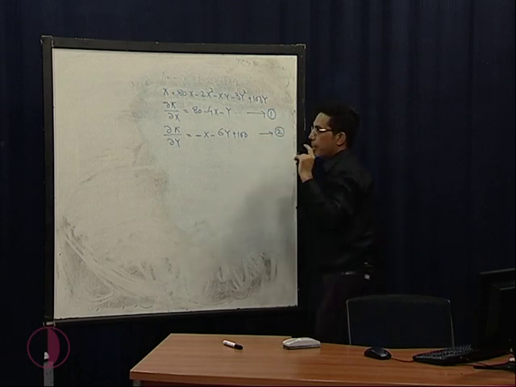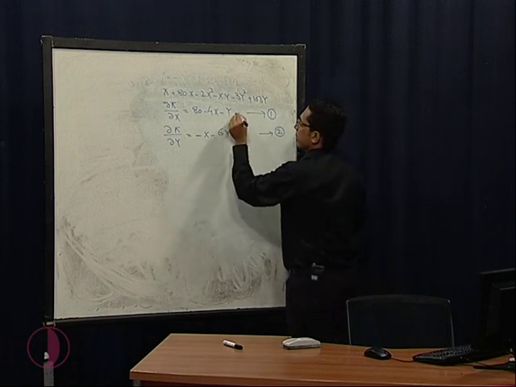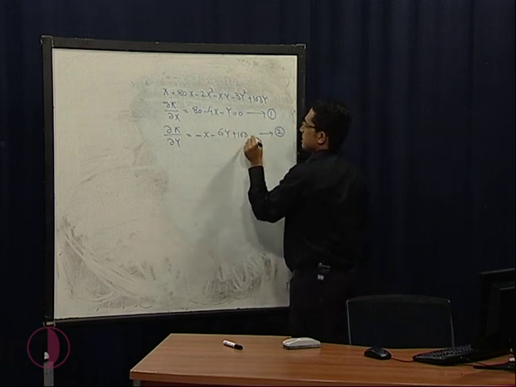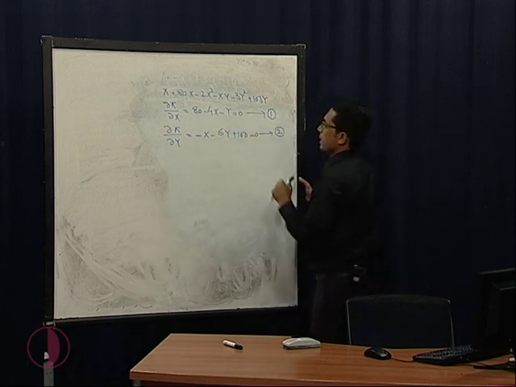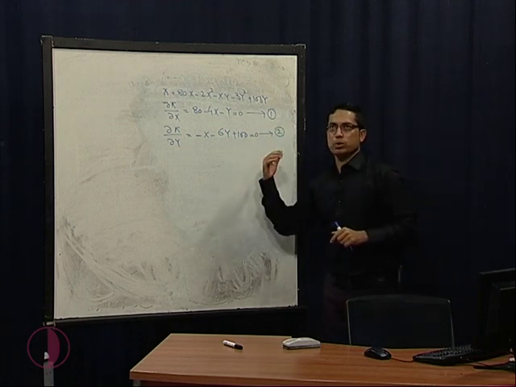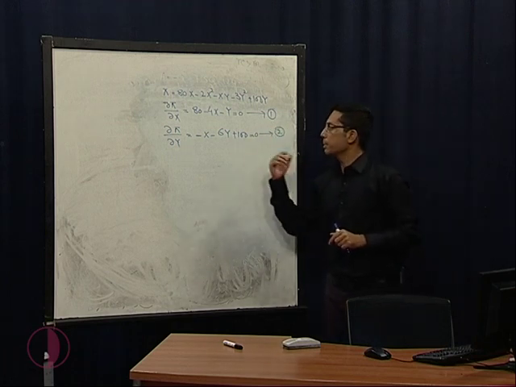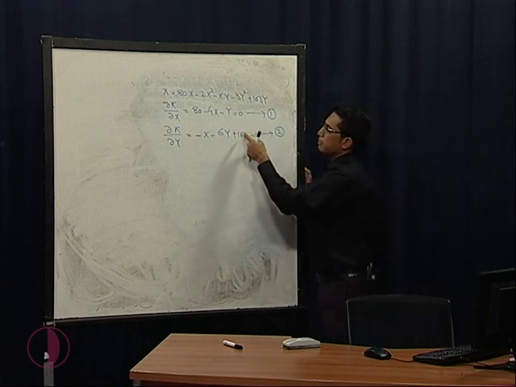For the maximum or minimum, we set this expression equal to 0. So set both the equations equal to 0, in order to find the maximum or minimum point. So we can solve both the equations.